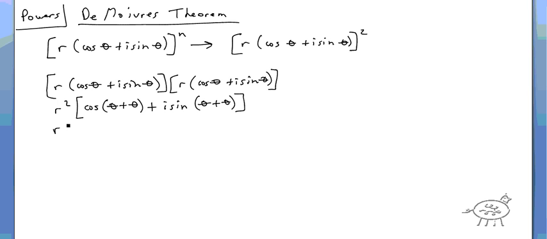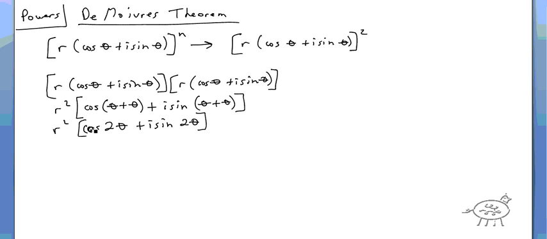I can rewrite that as r squared times cosine of 2 theta plus i sine of 2 theta. That's kind of interesting. It's got the r squared and you got a 2 theta here.